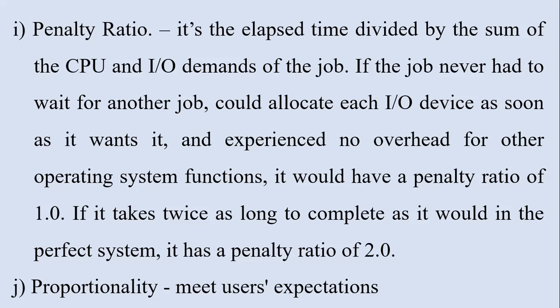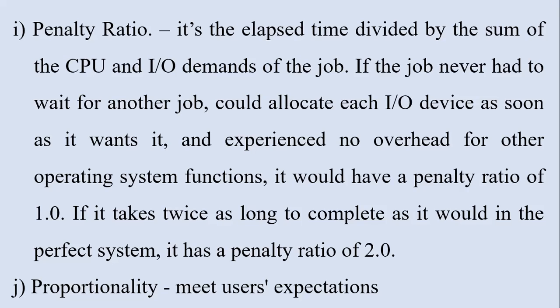Then we look at penalty ratio. The scheduling algorithm applied should ensure that the penalty ratio for a system is not very high. Penalty ratio is the elapsed time divided by the sum of the CPU and input-output demands of the job.